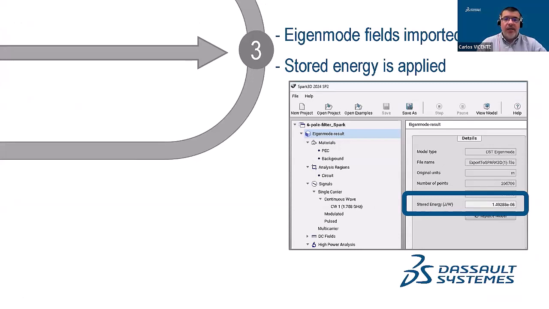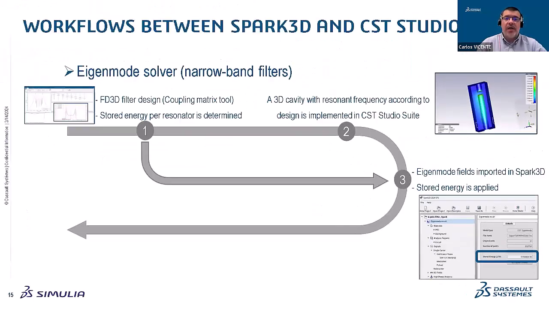In any case, once you provide the stored energy and the eigenmode fields have been imported, because you have the eigenmode fields coming from the isolated cavity, Spark 3D is able to give you the breakdown power level once this cavity is integrated into the filter.